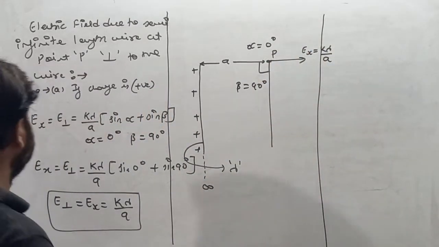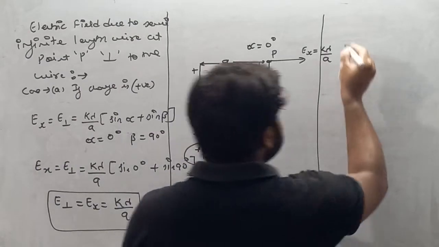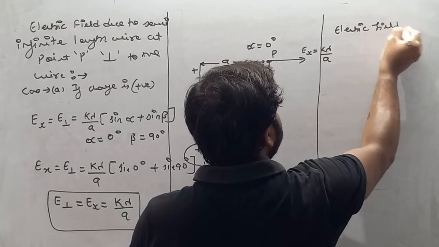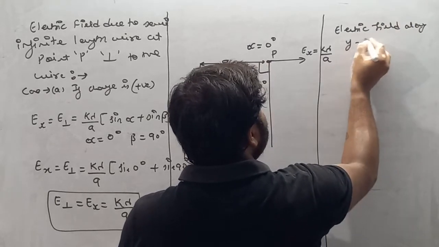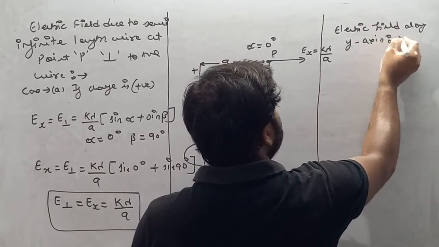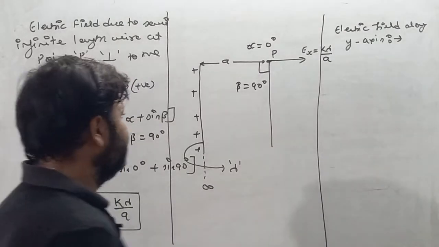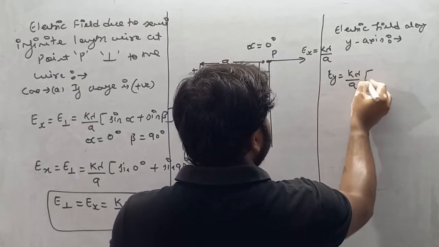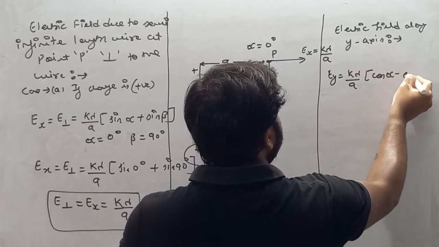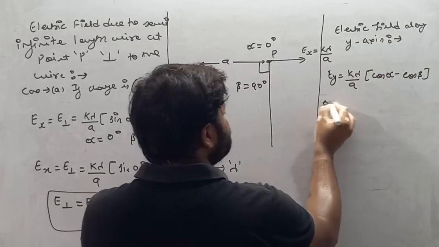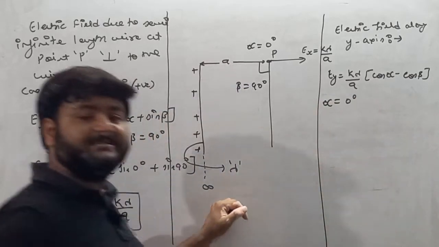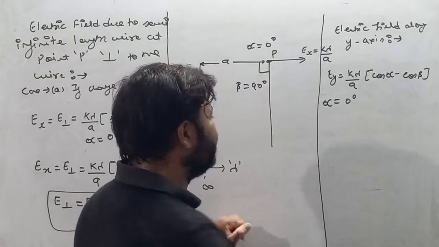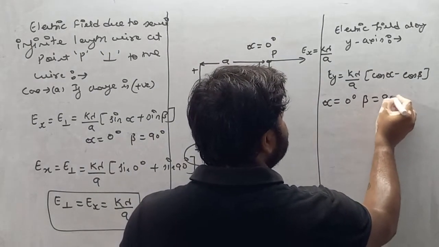Now moving forward, electric field along y-axis. I hope you all are understanding what I am performing. So Ey is equal to k lambda by A (cos alpha minus cos beta). For alpha, due to semi-infinite length wire, I have to put 0 degree, and for beta we'll put 90 degrees.